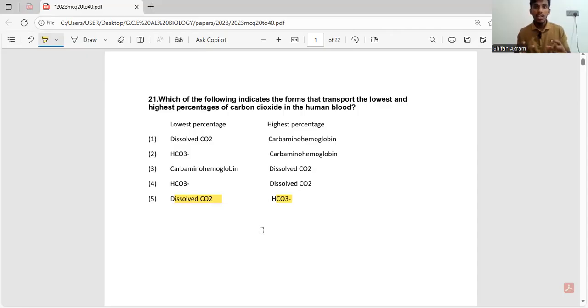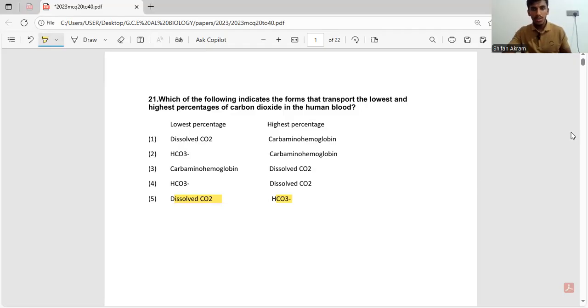Now, they don't bind to the part where oxygen binds. They bind to another part of the hemoglobin, specifically to the amino group of the hemoglobin, and form carbaminohemoglobin, and carbon dioxide is transported with the red blood cells. Right? So, that's what carbaminohemoglobin is, and 20% of carbon dioxide is transported in this way.